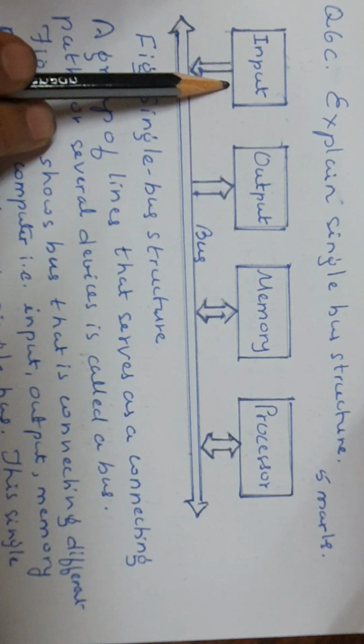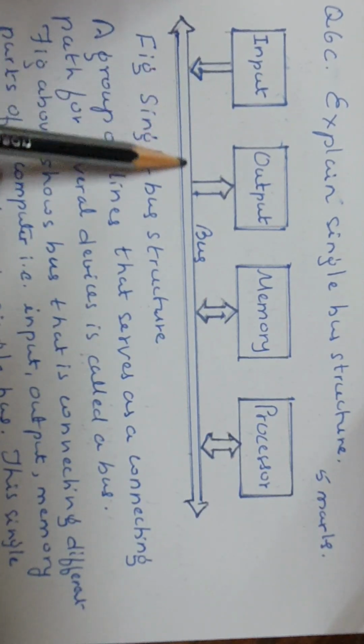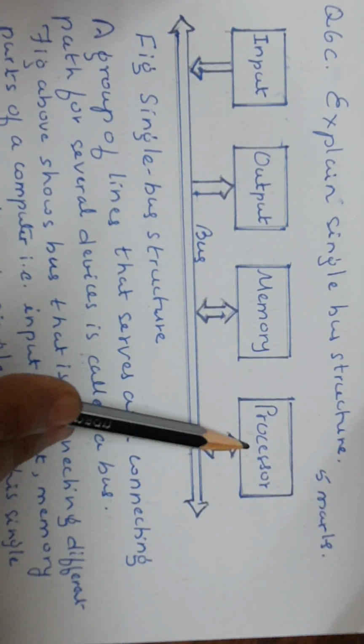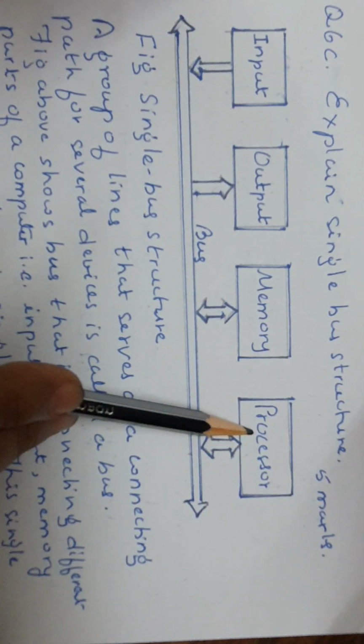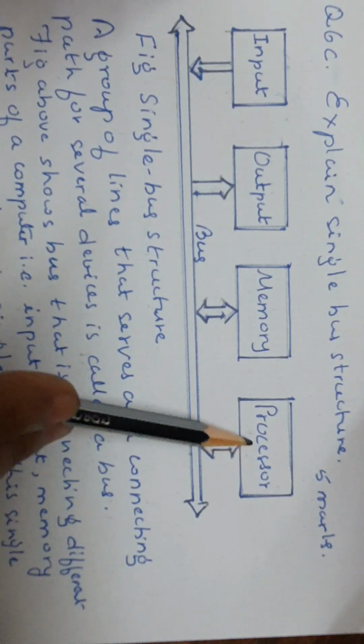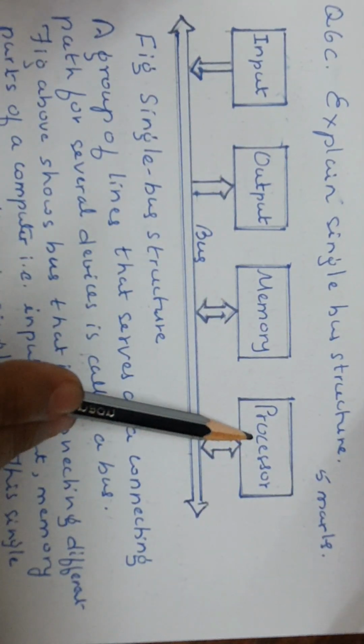So whatever data and instructions are passed between the different parts here, they are passed through the bus, that is the connecting lines. The processor internally has two parts, ALU and CU, arithmetic logic unit and control unit. The control unit controls and coordinates the activities of different parts.